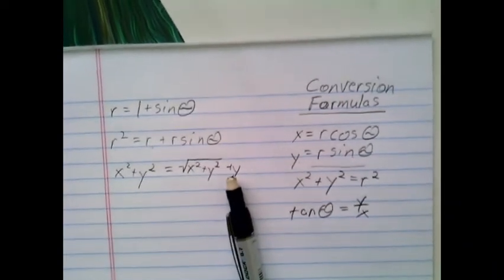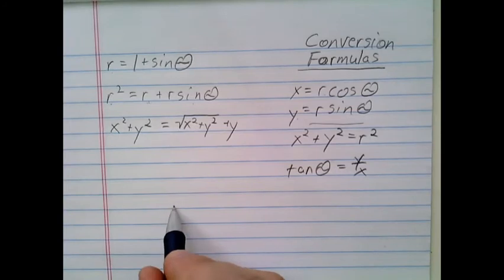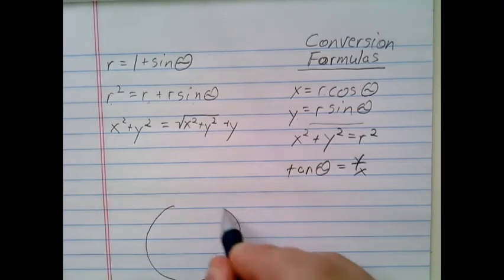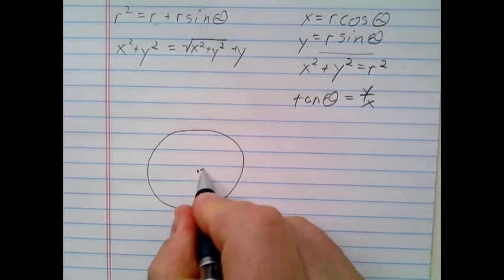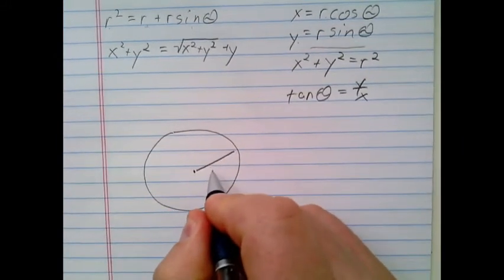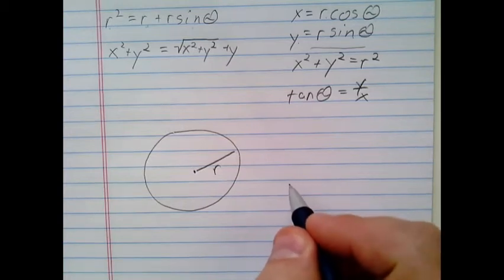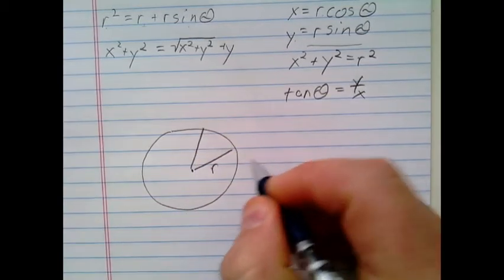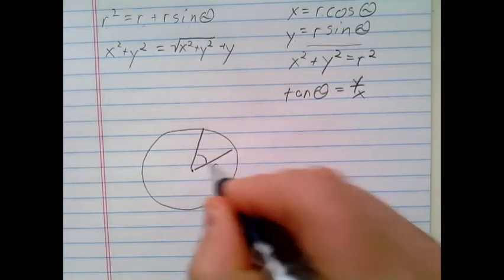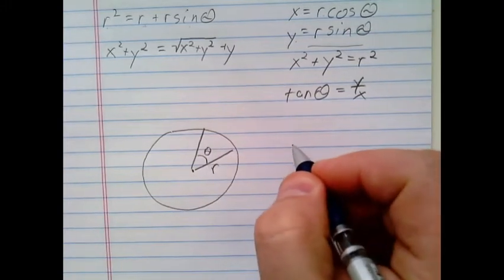Okay, so let's draw a little circle here. Okay, so there's our circle. Let's say our circle has a radius of r. And let's say we're interested in a sector of this circle whose central angle is theta.